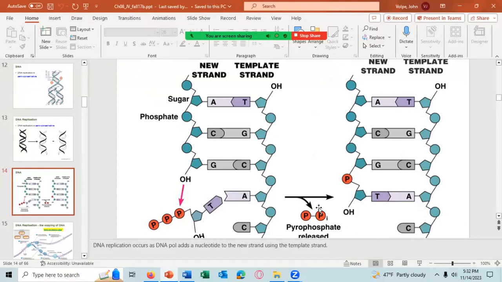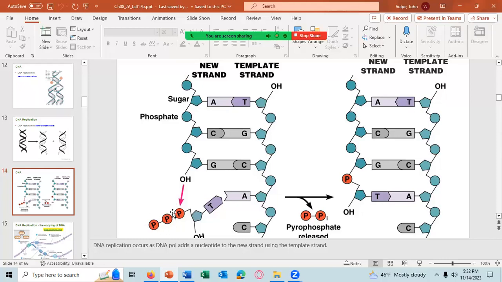How this happens is when the parent strand is being used as a template to make the new strand, a nucleotide triphosphate, meaning in this case a T with 3 Ps, comes in, and then the enzyme that's adding it removes 2 phosphates, and that releases a lot of energy. If you remember, this bond here and that bond there are high energy phosphate bonds, and if you break them, it releases a lot of energy.